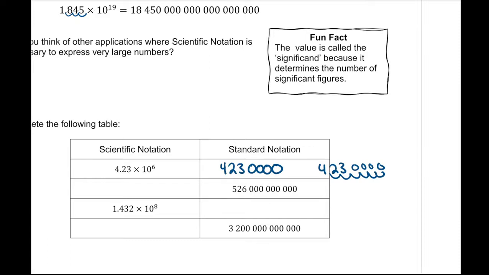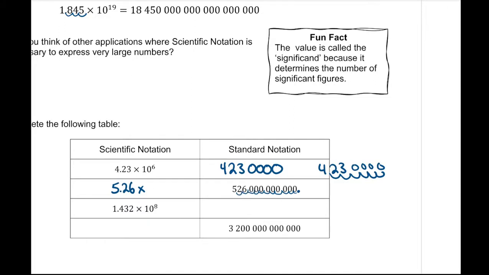Our next one, we want to convert this to scientific notation. It's a little bit too large to write out every time. We know our first number is going to be a decimal, so 5.26. Now we need to think about the decimal after any whole number being right at the end. So how many spots am I moving it? You could actually go through and physically count 1, 2, 3, 4, 5, 6, 7, 8, 9, 10, 11.